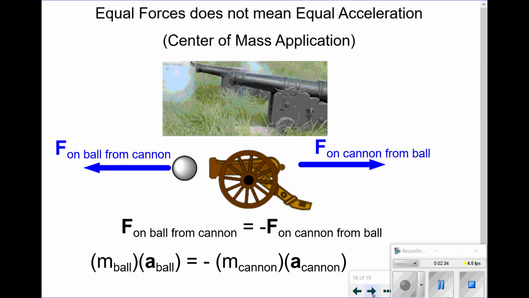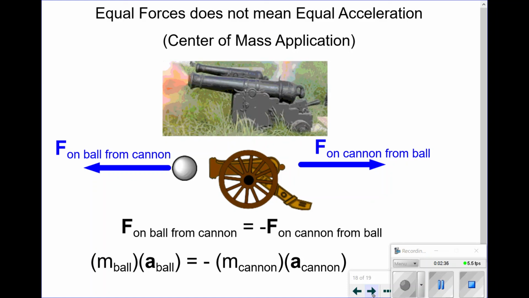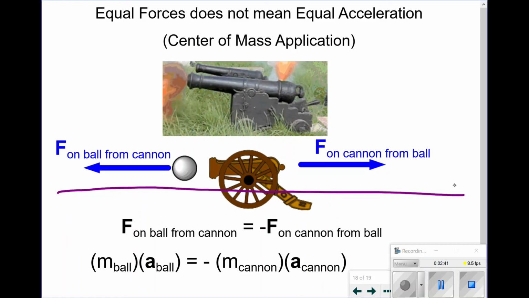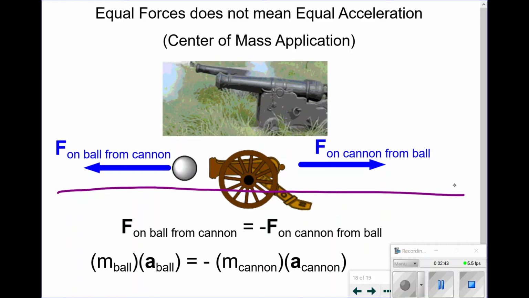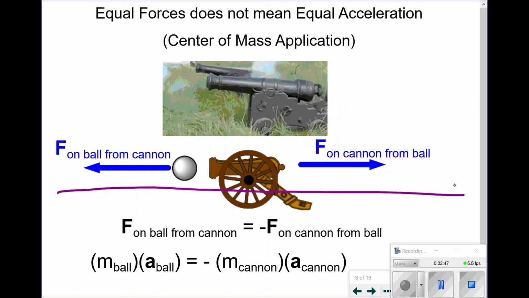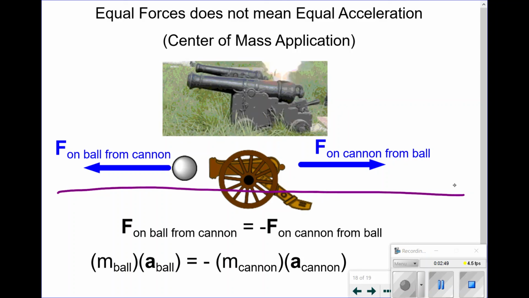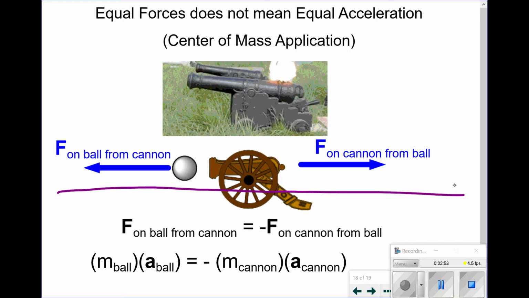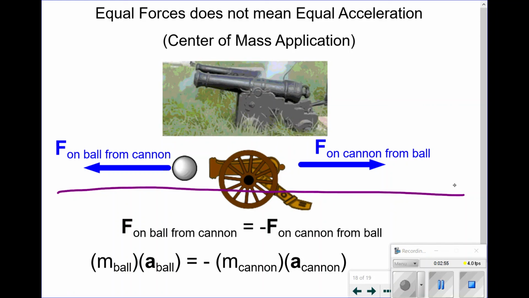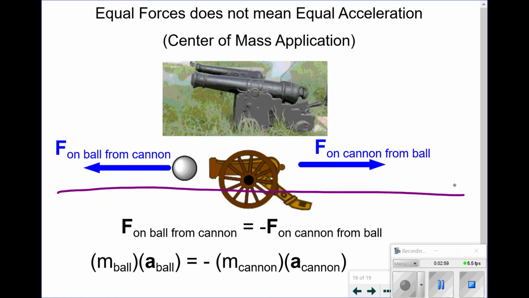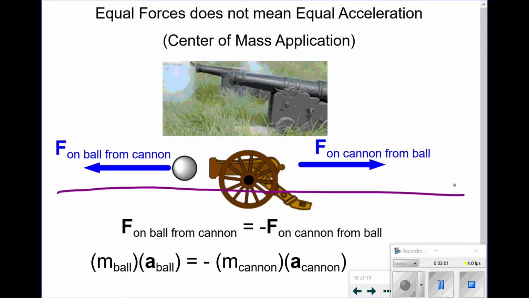Well, if we are ignoring any other forces, particularly along the x-axis, then the net force on the cannon must equal the net force on the ball in magnitude and opposite in sign. This means that the mass of the ball times the acceleration of the ball being fired must equal the negative mass of the cannon times the acceleration of the cannon.